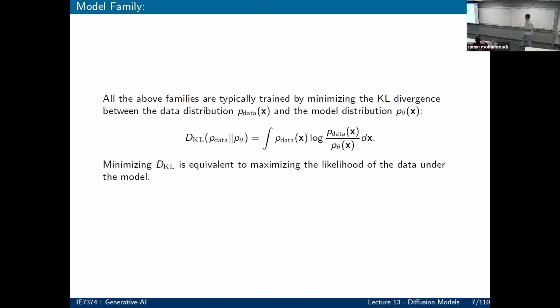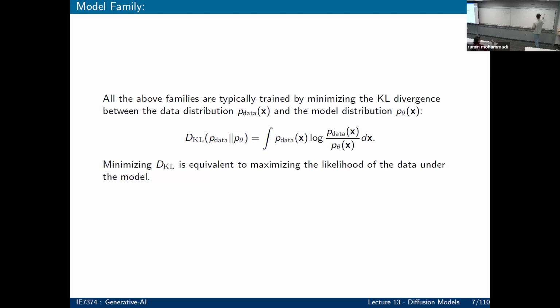So if in general you have KL with log of P of X over Q of X, depending on which one we solve, Q for P, this will always be different. It's not symmetric.